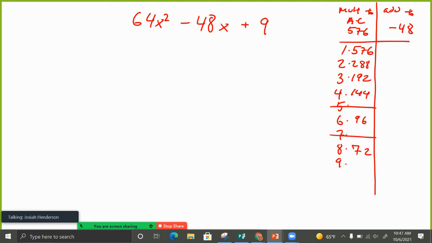So we actually want to see the one that makes the sum, because it's going to be like negative 9 times negative something, positive 576. 72. Okay, so 9 and 64. So notice that in my list of numbers I'm making, the numbers on the left are increasing, right? 1, 2, 3, 4, 5. The numbers on the right are decreasing.